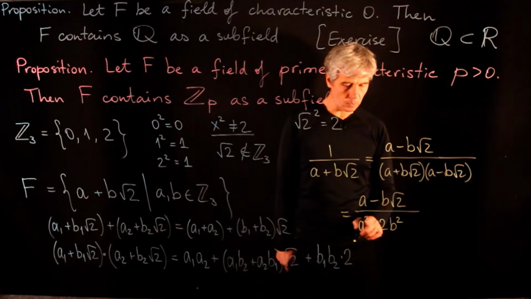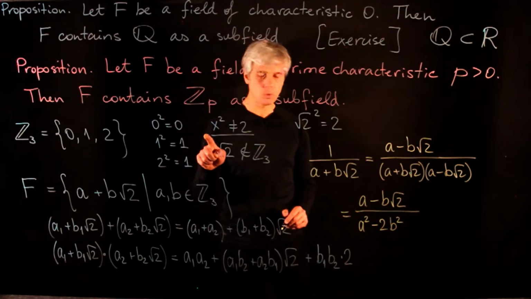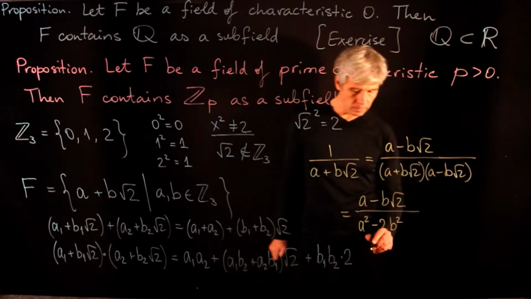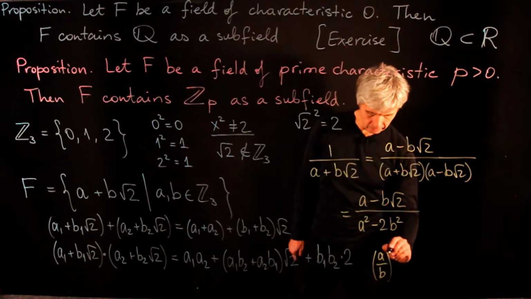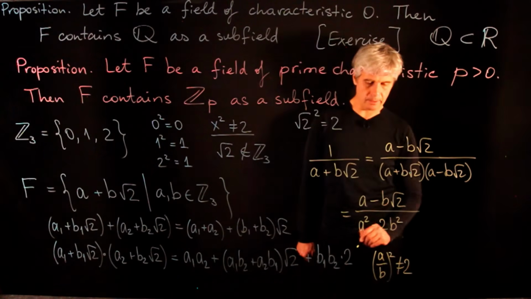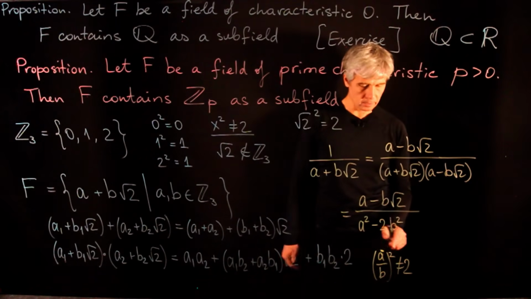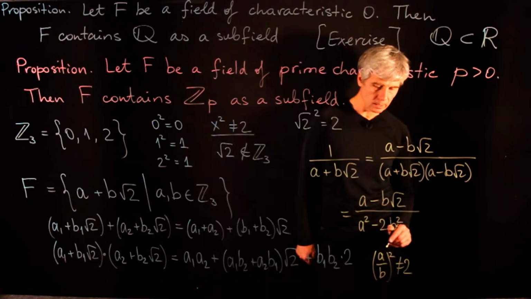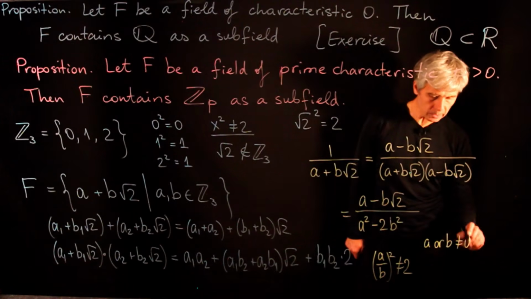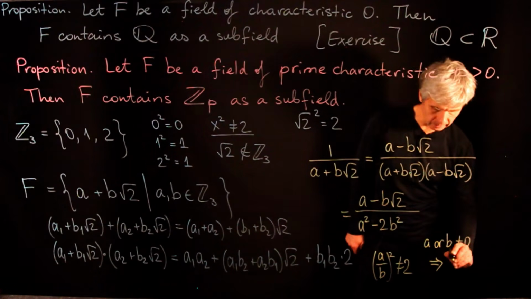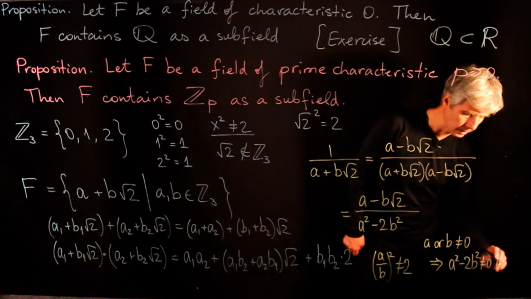And so what happens here is because in Z3 x squared cannot be equal to 2, this means that a over b squared is not equal to 2 either, right? So because no element of Z3 squared gives us 2. And so this means that if a or b is not equal to 0, it forces that a squared minus 2b squared is not equal to 0 in Z3.